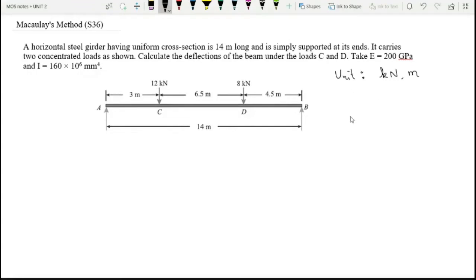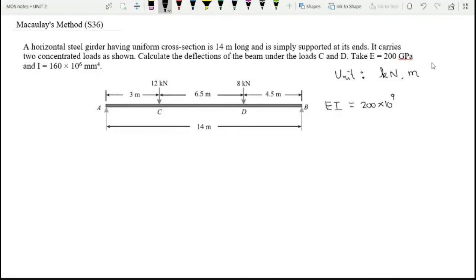The next step, step 2, is to convert this EI, because I'm going to solve it. My formula will be in terms of EI d square y by dx square, so E and I are multiplied together. Let us identify what E and I are and multiply them. E is 200 gigapascal, which is 200 into giga, 10 power 9.